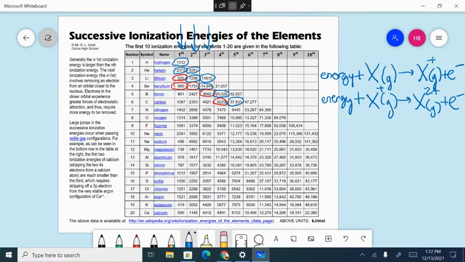So this is what we mean by successive ionization energies. We can determine the amount of valence electrons an atom has based on these successive ionization energies and whether you're taking off valence electrons or we're digging into the core.